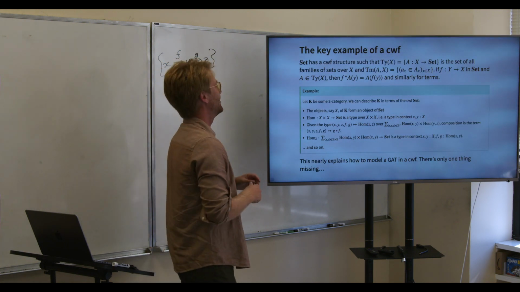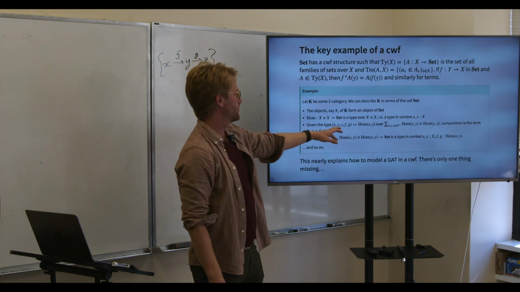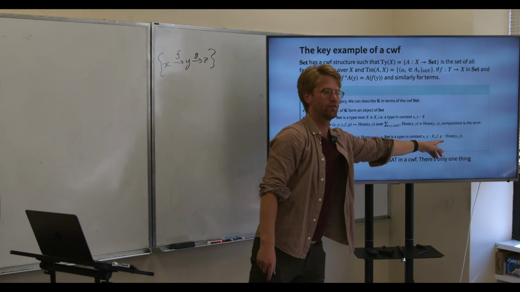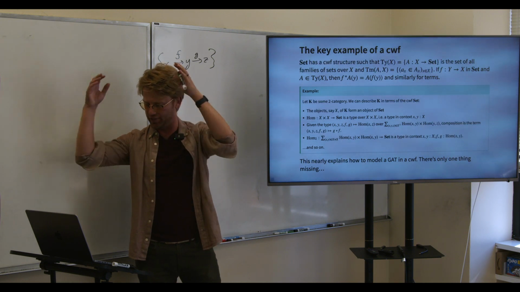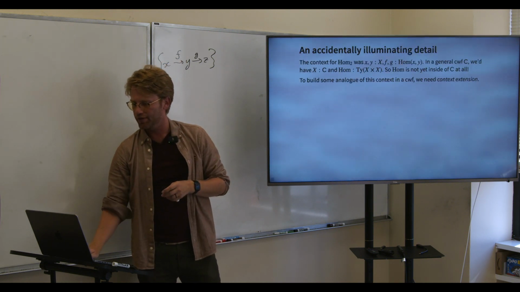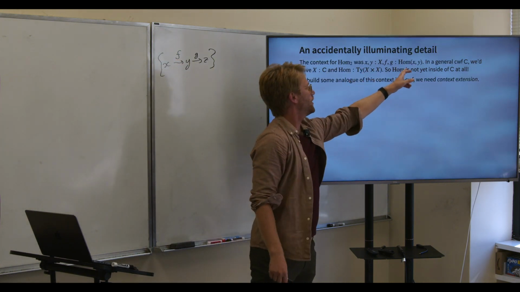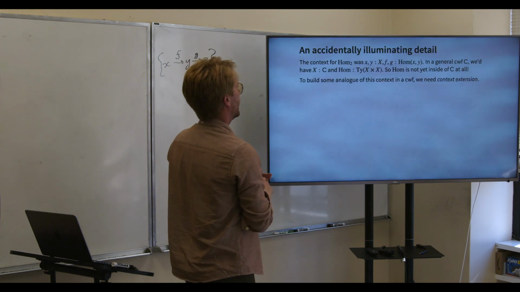Yeah, as I said, amazingly, we haven't defined a cube yet. This context is problematic if you think a cube is just a category with sets of types and sets of terms. So let's look into that. We don't know how to build a context like that in an arbitrary cube.